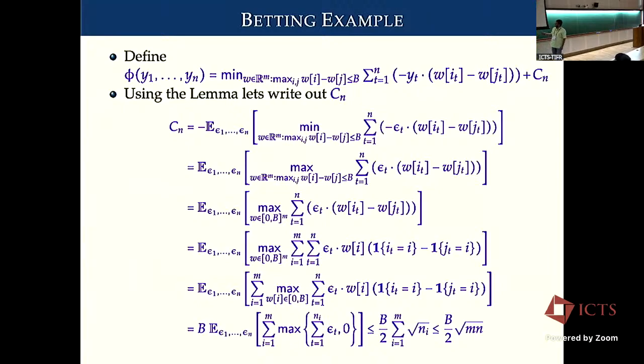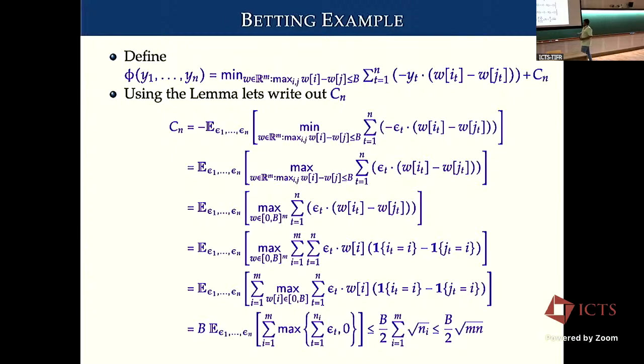And so finally, what you would get after doing all of this is that essentially I get B, which is the maximum amount that the benchmark is allowed to bet, times the expectation over epsilon 1 through epsilon n, sum over each of the teams. And for each of the teams, I sum over epsilon t only up to ni number of times.